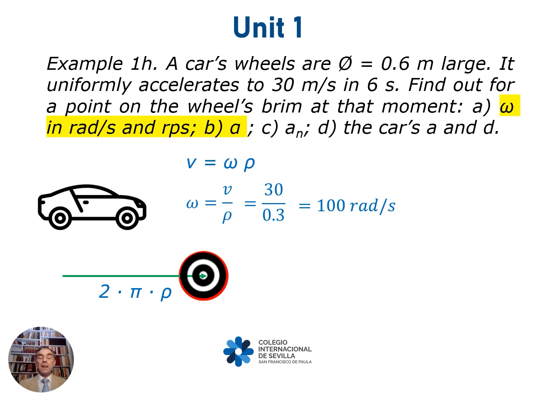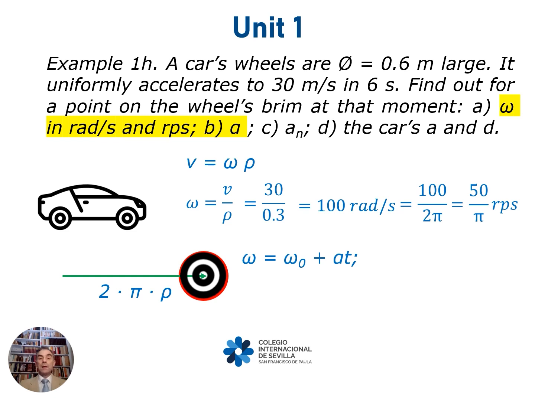Therefore, that angular speed of 100 radians per second divided by 2 pi radians per rotation means 50 divided by pi rotations per second.